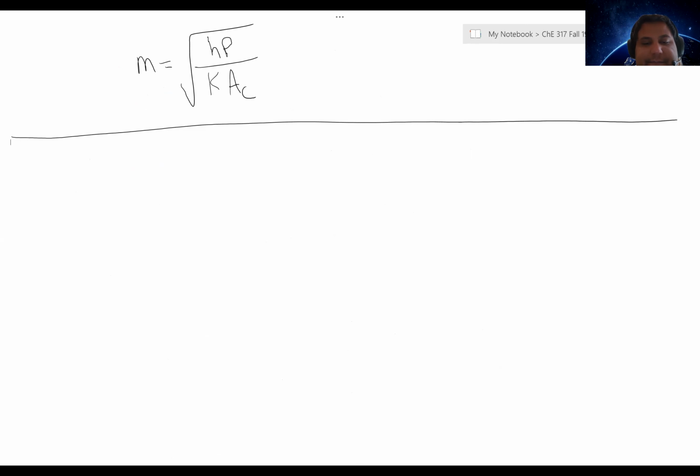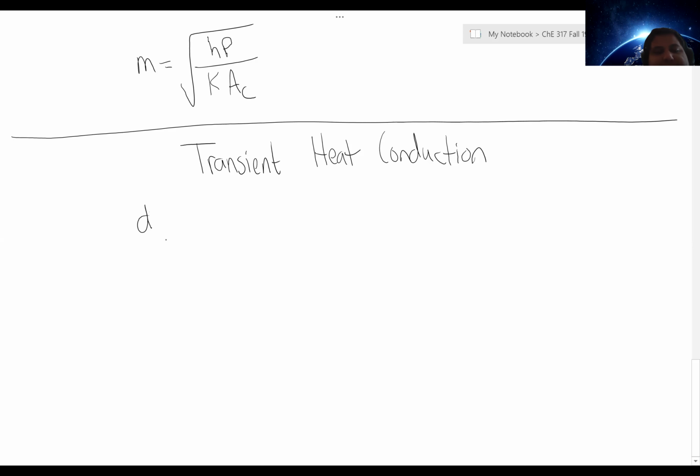So let's consider switching gears a bit to talk about transient heat conduction. What makes transient systems difficult is that not only do we have to consider the temperature gradient with respect to distance or position, but we also have to consider the temperature gradient with respect to time.